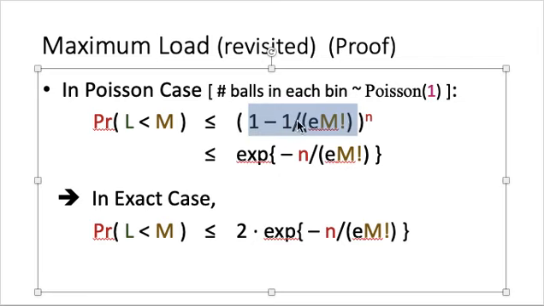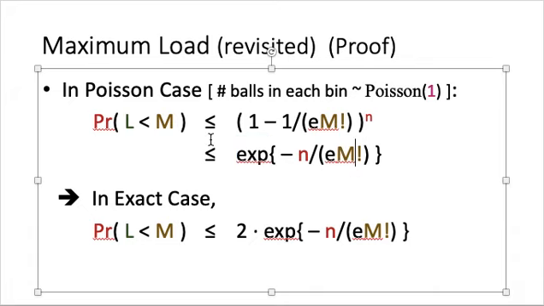So 1 minus the probability that it has greater than or equal to M balls gives the probability of fewer than M balls, and we need all the bins to follow this restriction, so we have this probability to the power n. When n is very large, this is roughly e to the power minus 1 over (e M factorial) to the power n. So after collecting terms, this is e to the power minus n divided by (e M factorial).